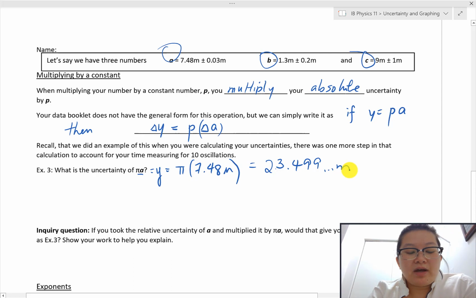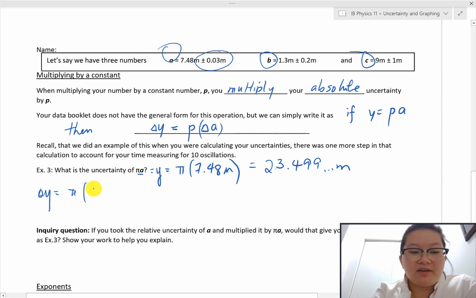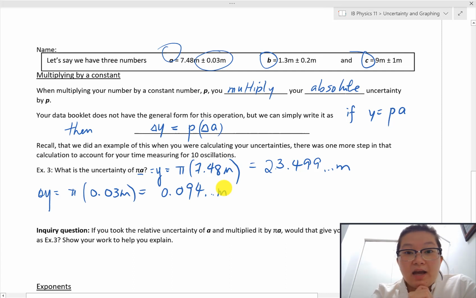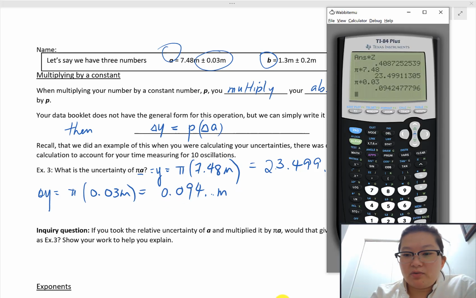For the absolute uncertainty of our result, we do the same thing. We take pi times the absolute uncertainty of a, which is 0.03 meters, and we get 0.094. Now it's time to write our final answer. So it looks like 0.09. We can do a quick check.